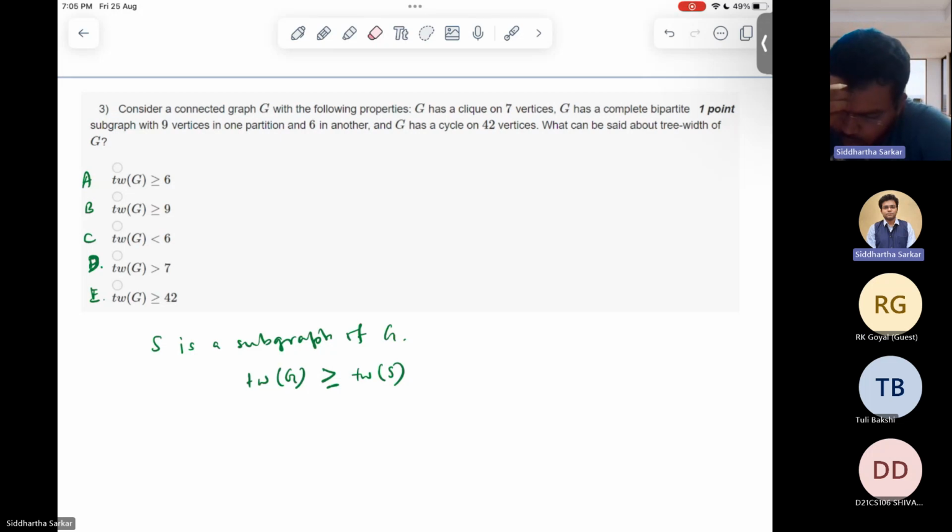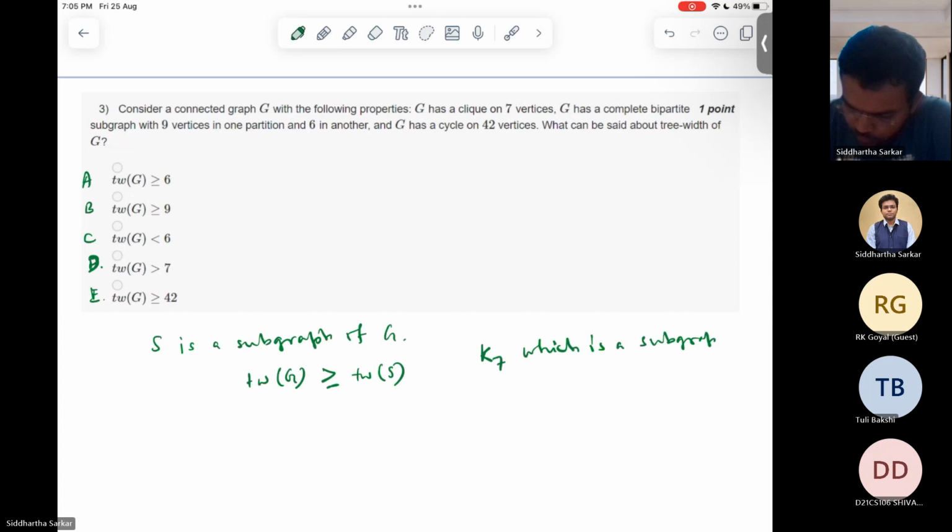So here G has a subgraph which is a clique on 7 vertices. So there is a K7 which is a subgraph in G.